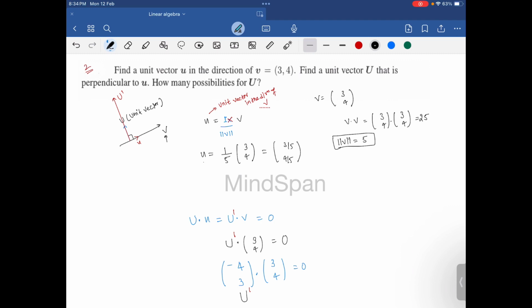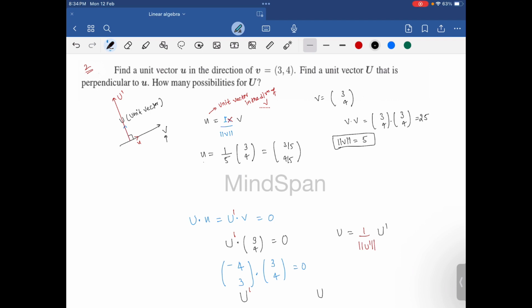And how can we find this u? I want to find this unit vector that is in the direction of this u dash, and this u is a unit vector. That is why I am going to divide this by the length of u dash, right? And what will be the length of u dash?